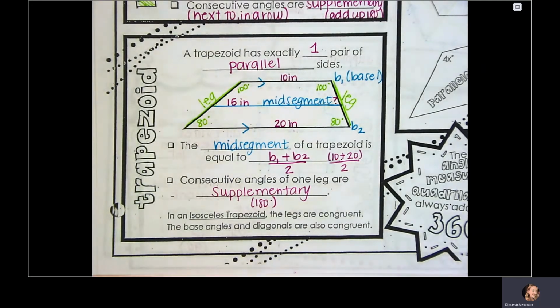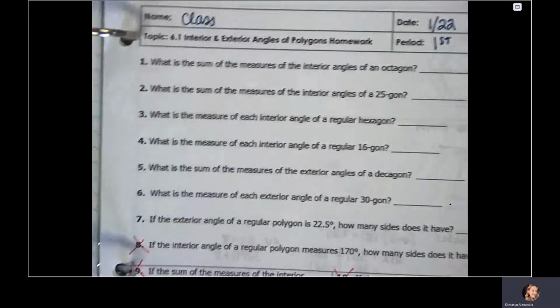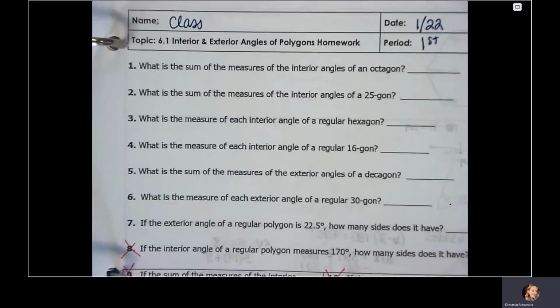You do not have any homework tonight unless you didn't finish your homework from Friday. Your homework from Friday was this: 6.1 interior and exterior angles. It had this on the front, and then it had a whole bunch of algebra problems on the back.